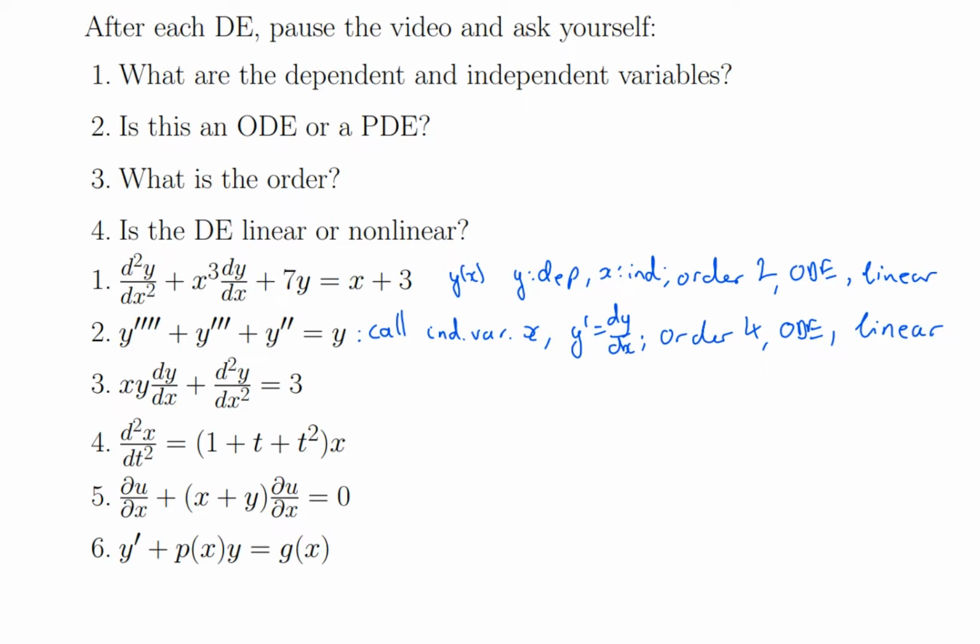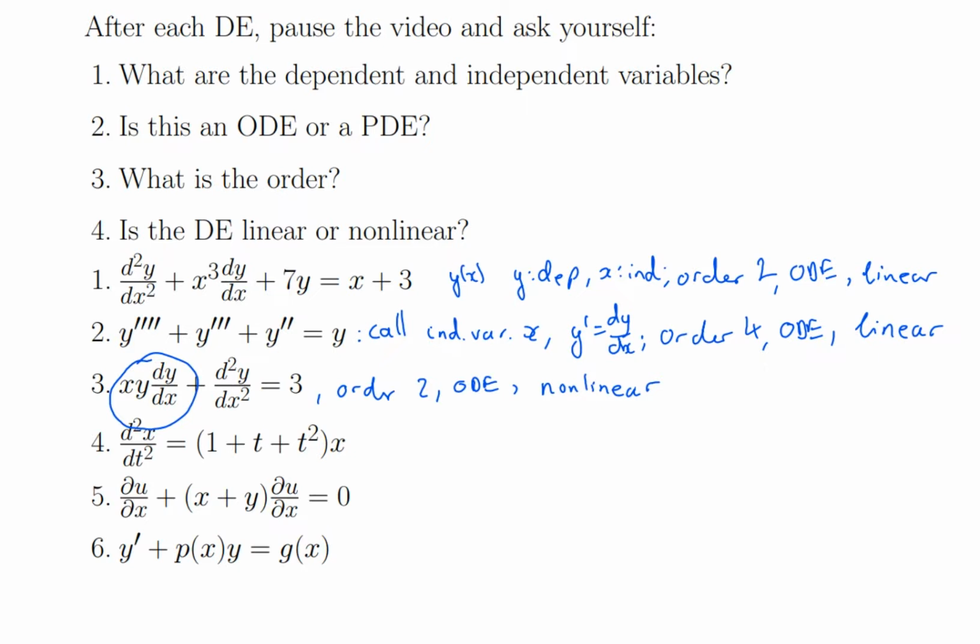Number 3, again, we're looking for y of x. That's easy. Order 2. It's an ODE. This time it's nonlinear. If you look at this term here, you've got some functions of x and y times a derivative of y. So that makes it nonlinear. Here I see the variables have changed names.